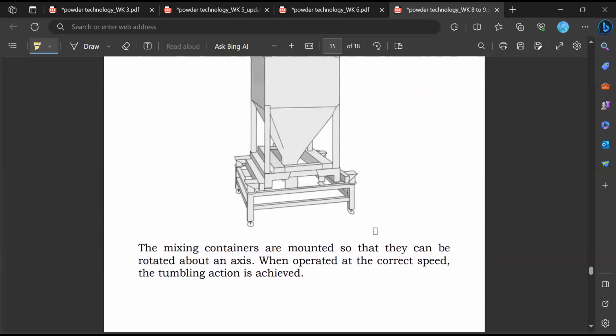The mixing containers are usually mounted so that they can be rotated on their axis. So when it's operated at the correct speed, the tumbling action is achieved.